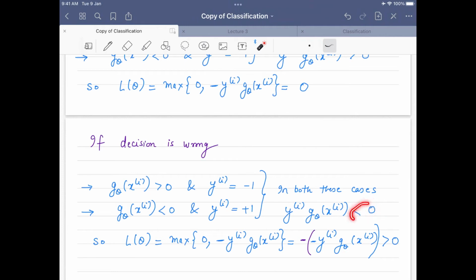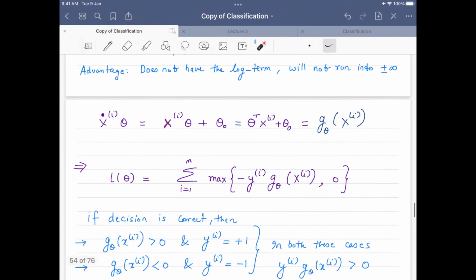Then if you take the max of 0 and minus yi g theta xi, because this product is already negative and the negative of a negative is positive, you get minus yi g theta xi, which is greater than 0. So whatever the value of L theta, it is greater than 0. You can see that when the decision is wrong, the loss is proportional to this multiplication, yi g theta xi. So this is basically when the decision is wrong.